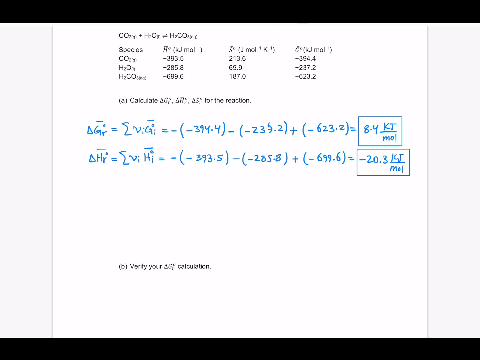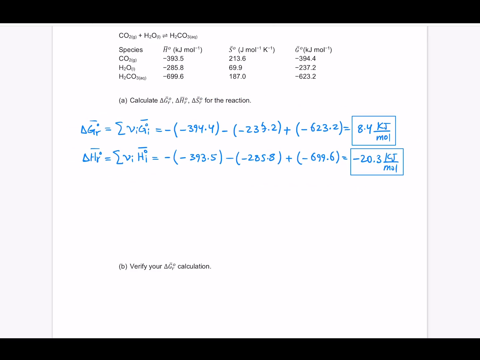The same thing applies for delta S, with basically the same expression, and how that's related to the individual values, as with delta H and delta G. So this would be minus 213.6, minus 69.9, plus 187.